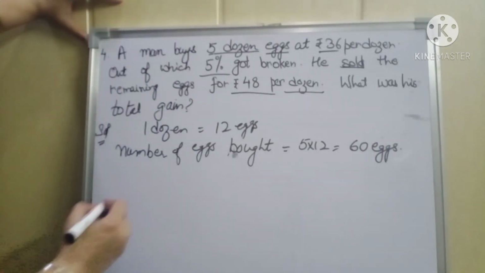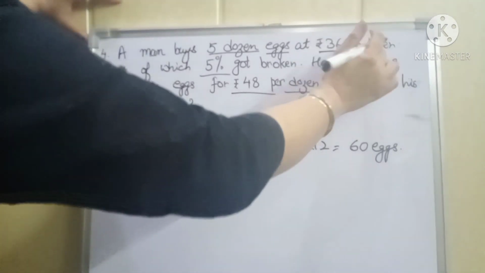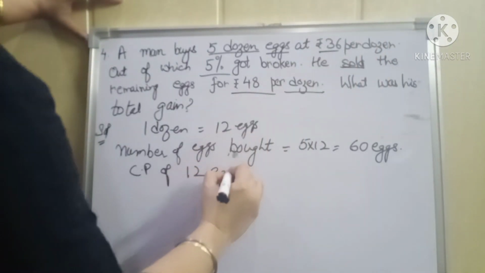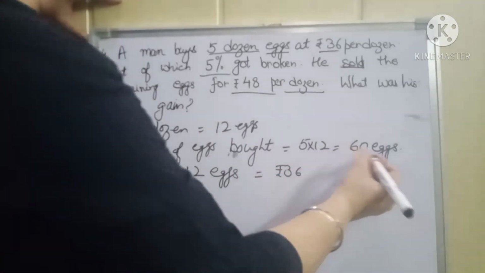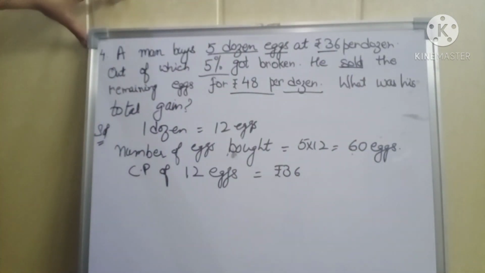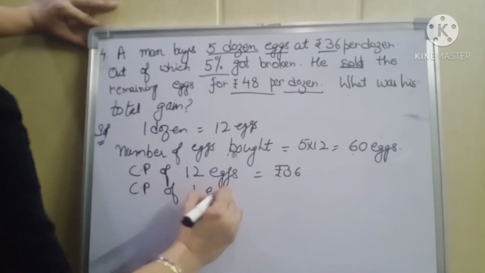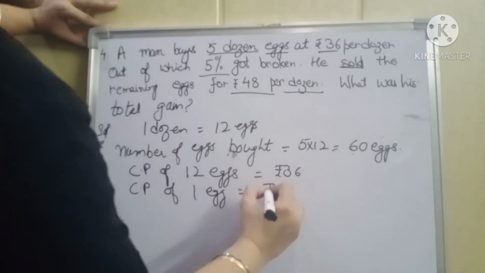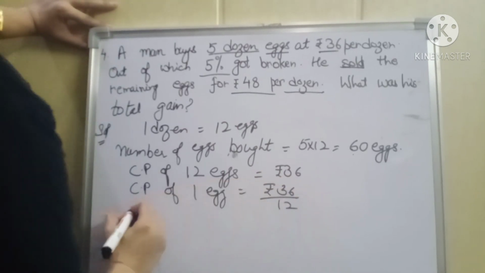Now what is given to us? Cost price of 12 eggs, per dozen, means 12 eggs is equal to rupees 36. We find the cost price of 60 eggs. Cost price of 1 egg is equal to rupees 36 by 12.